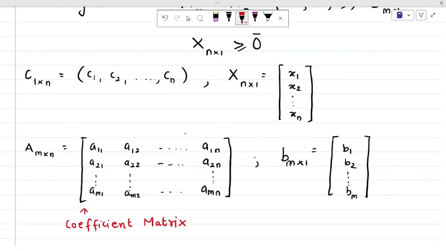Then x is the vector, and this is called the decision variable vector. These x1, x2 up to xn are decision variables, so you call it the decision vector.